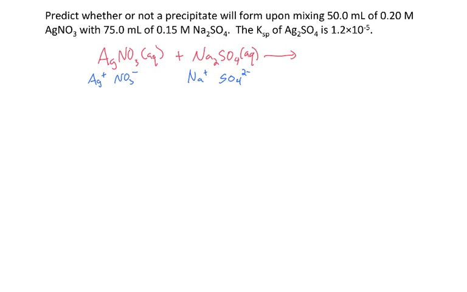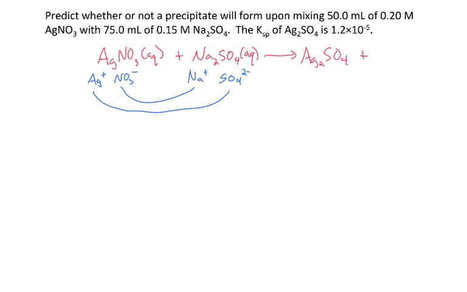When I predict the products, I'm going to swap the cations and the anions. The silver is going to combine with the sulfate, and the sodium is going to combine with the nitrate. Looking at the silver sulfate, because sulfate has a charge of -2 and silver has a charge of +1, that's going to be Ag2SO4.